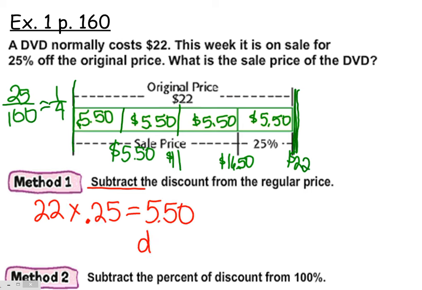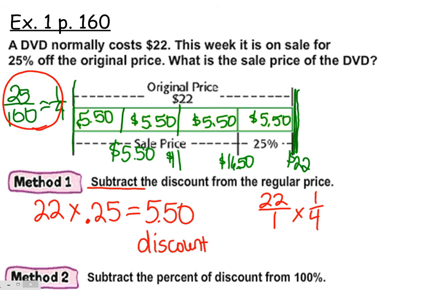This is our discount. Now to double check, you can also show it as a fraction. 22 over 1 times the percent discount, which is 1/4 or 25 over 100. When you multiply that out, you get 22 over 4, which reduces to 5.5 or 5.50. So it equals the same amount.